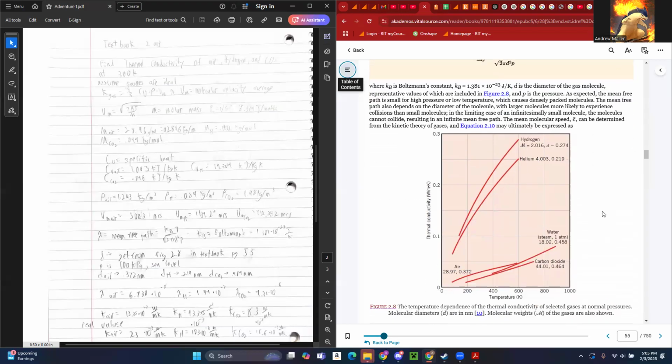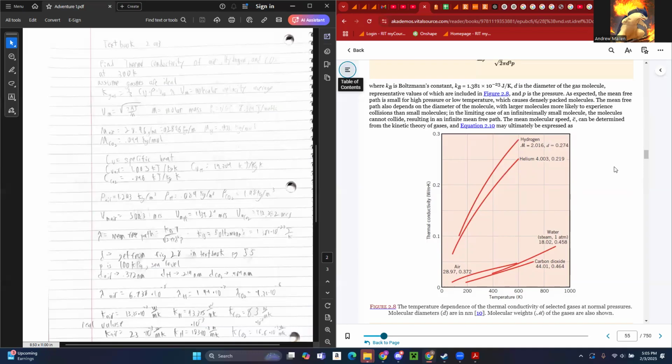Now d, fortunately, can be taken from this graph right here, figure 2.8 in the textbook. It gives five different gases: hydrogen, helium, water, carbon dioxide, and air. Of course, the water is in steam at this moment. It gives the molecular mass as well as the diameter of the molecule. Hydrogen has a molecular mass of 2.016 and a diameter of 0.274.